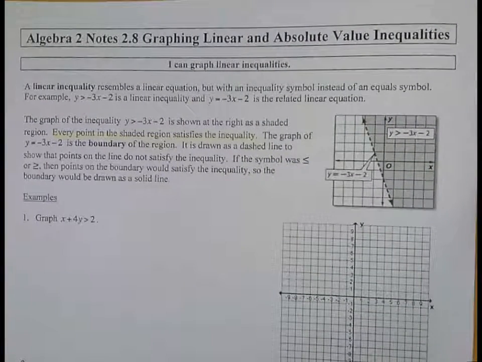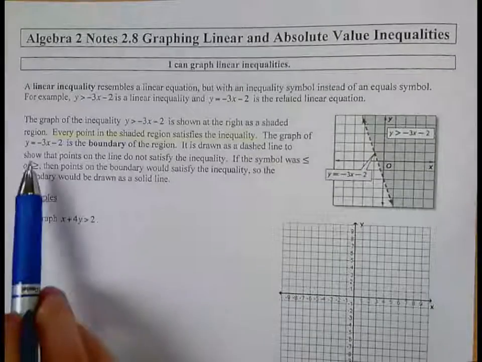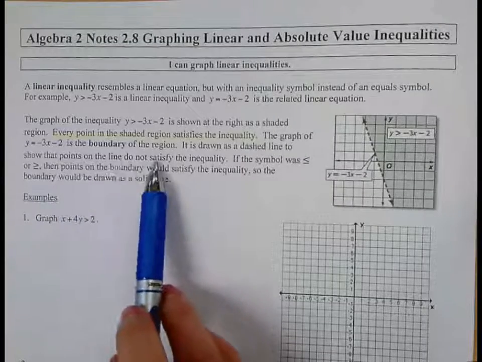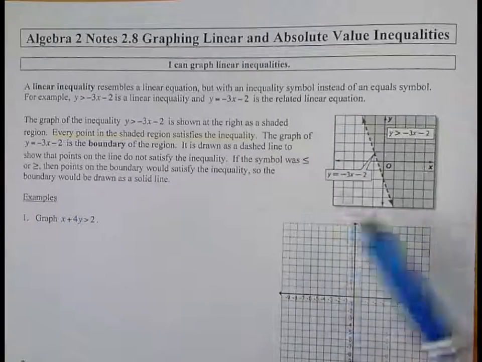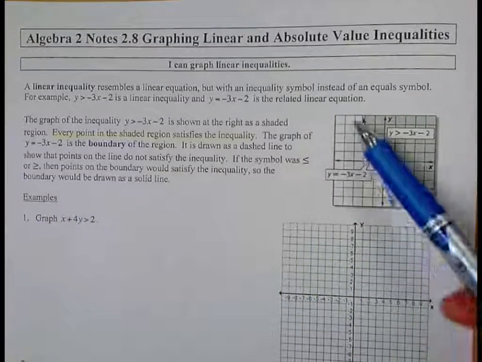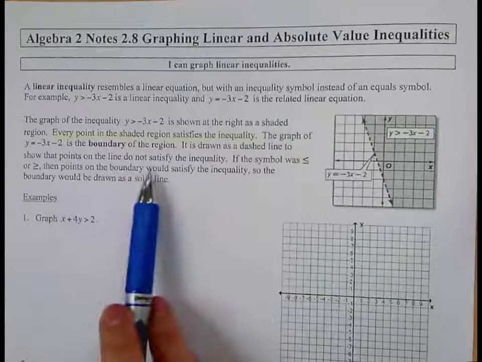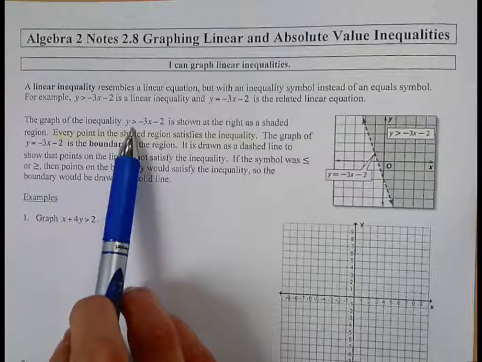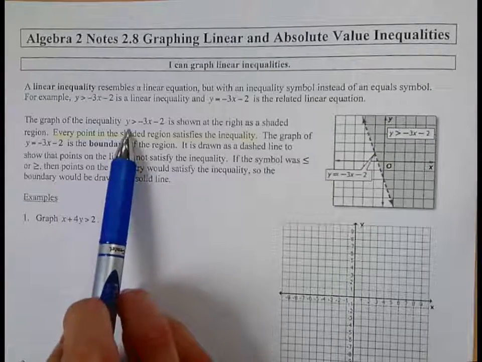The graph of the related equation, y equals negative 3x minus 2, is called the boundary of the region. For this specific example, it's drawn as a dashed line to show that points on the line do not satisfy the inequality, and that's because in the inequality the symbol is just greater than and not greater than or equal to.